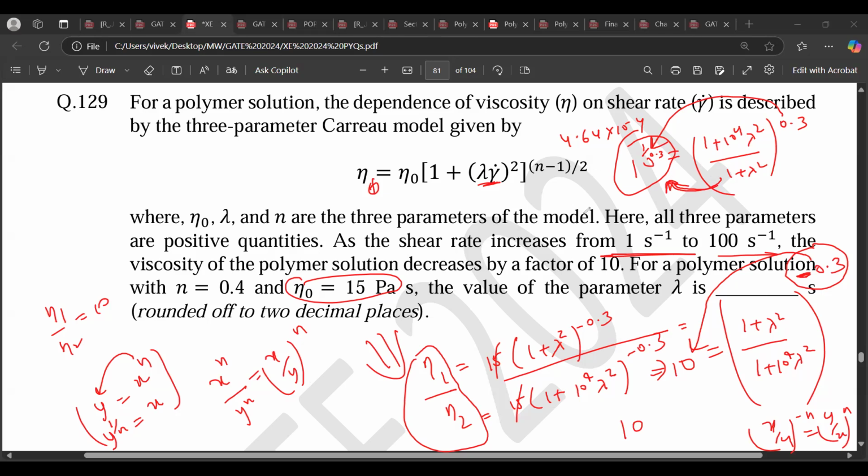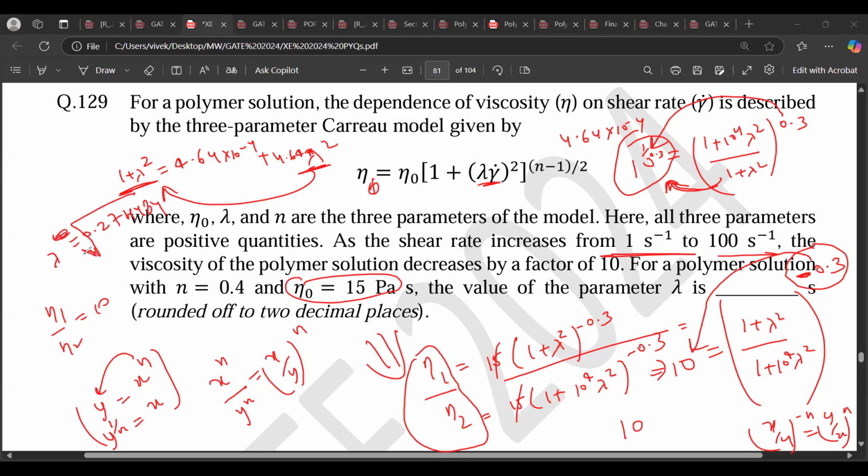So if you solve this, you'll get something like this: 1 plus lambda square equals 4.64 into 10 power minus 4 plus 4.64 lambda square, right? So this lambda square you bring together. So your final equation will be lambda square equals 0.274484, right? And now this square will become root.